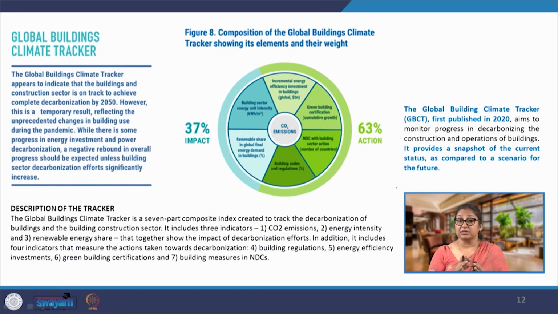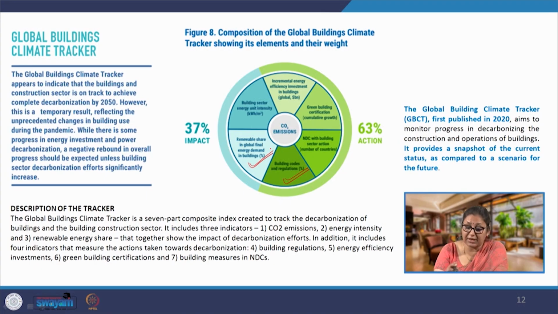They have also developed a global buildings climate tracker, where they look at how much of the emissions and the impact on carbon dioxide emissions is coming from each of these activities. For example, we are talking about building codes and regulations, and how much impact they have on carbon dioxide emissions, or the renewable share in global final energy demand in buildings. This is another activity which significantly affects the GHG emissions coming from the building and construction industry.